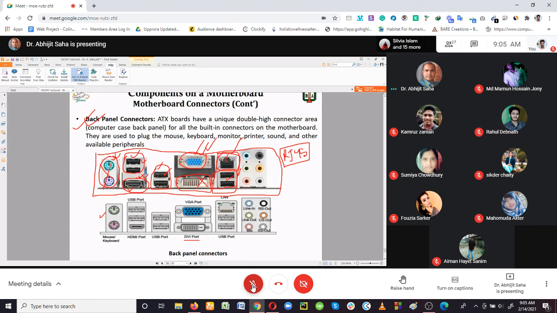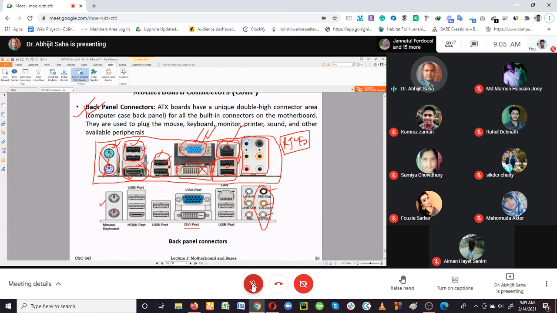So this is the RJ45 connector, and here we have some audio connectors. They are for different sound system uses, like in and out, right? They are used for your speakers, and maybe some of them for the microphone, and others for different purposes. If you have 5.1 or 3.1 speakers, they can be used for those purposes.